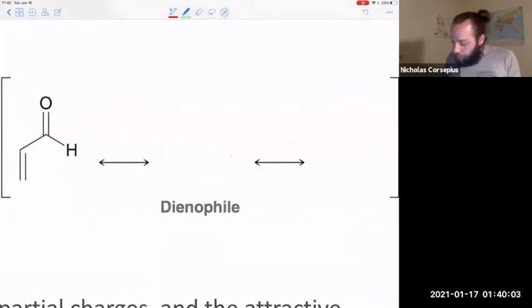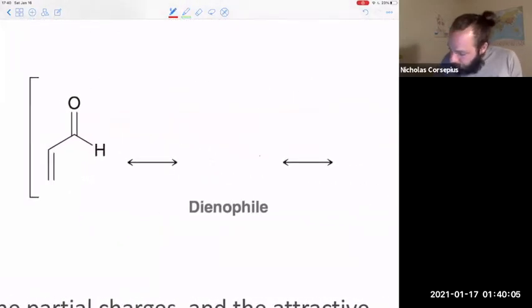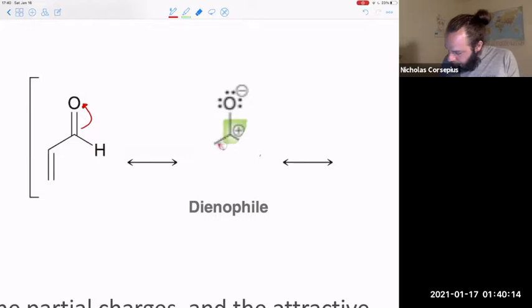And then when we go to our electron withdrawing group, I have this similar sort of thing where this pair of electrons can jump up onto this oxygen, right?